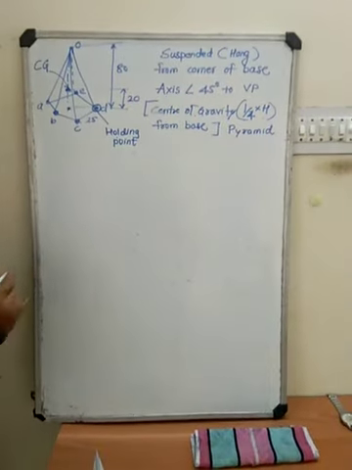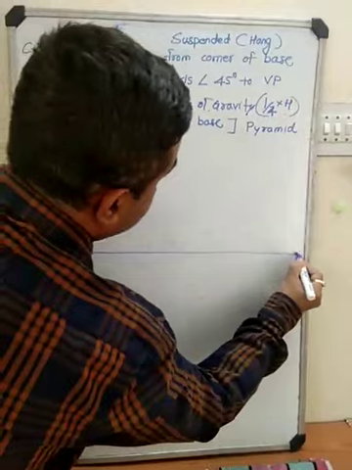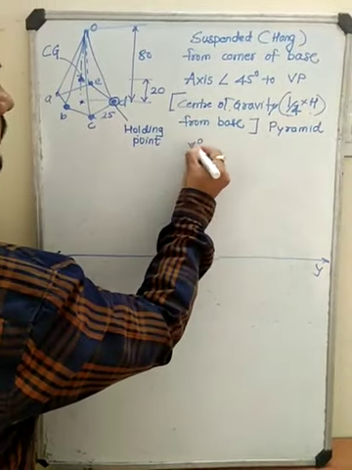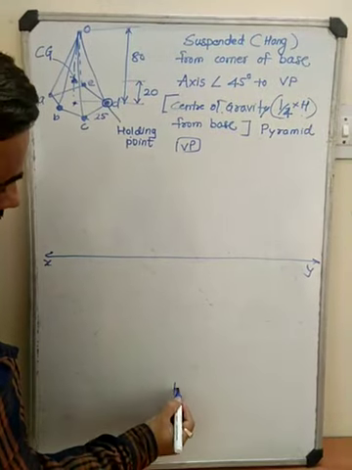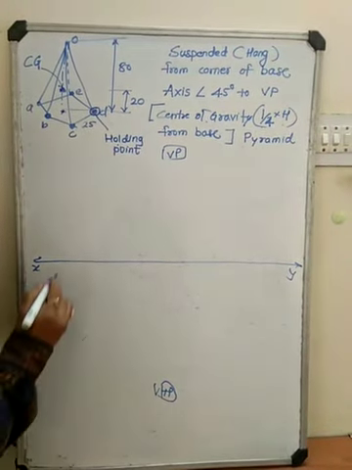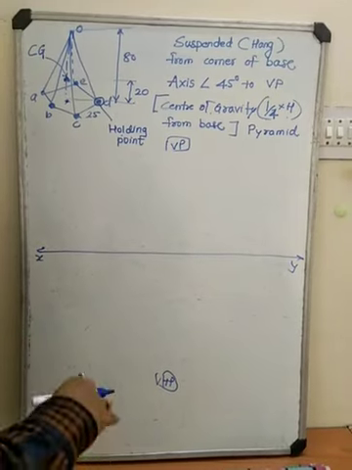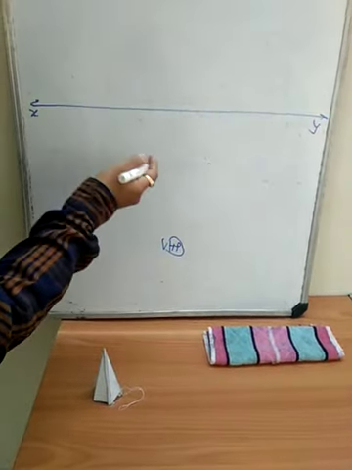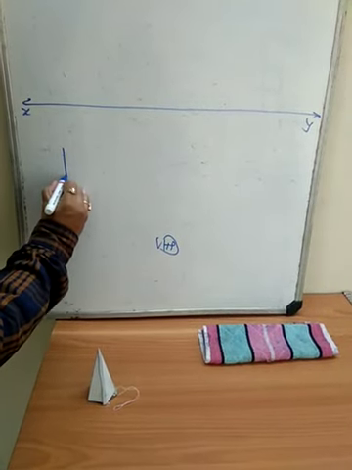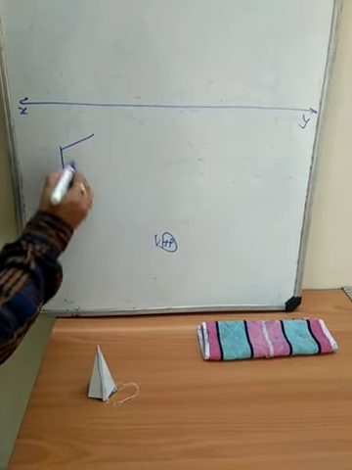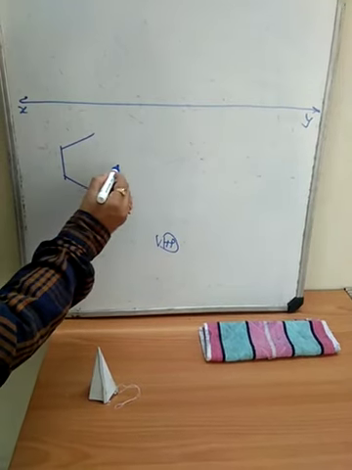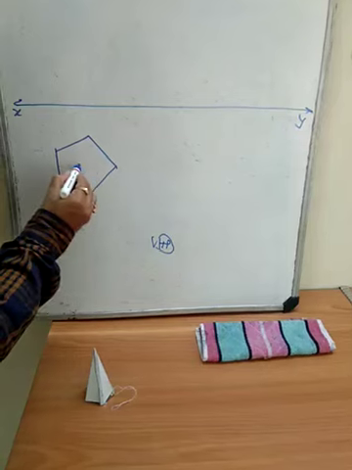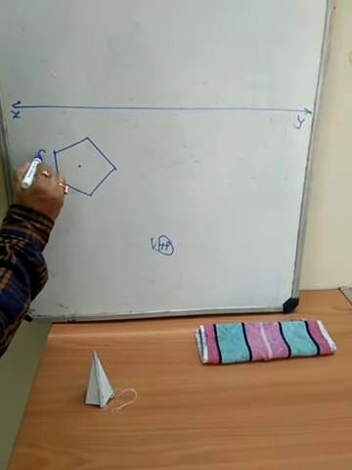In the first step you draw the solid like that. This is your first position, XY line, VP, HP. Now you can see the base from the top view, and you put the corner on the right hand side. This is the axis.